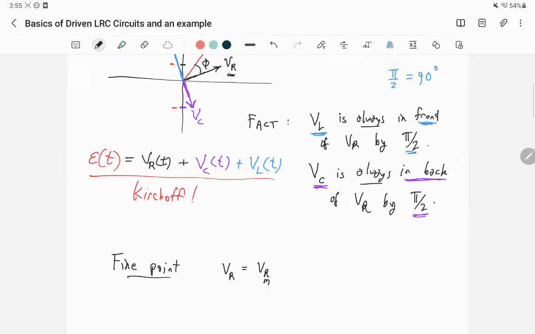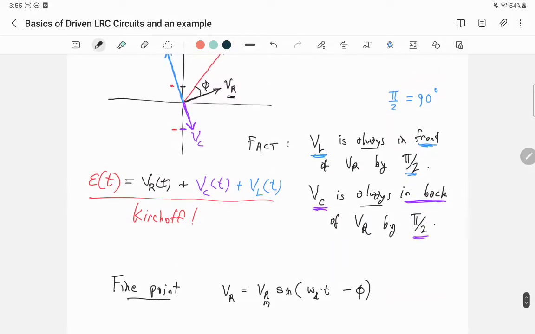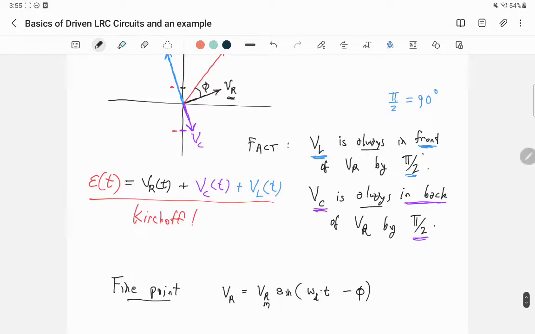So this is the amplitude times the sine of the driver frequency times the time minus the phase angle phi. All right. So what's interesting is these pi over 2s, these 90 degrees things.